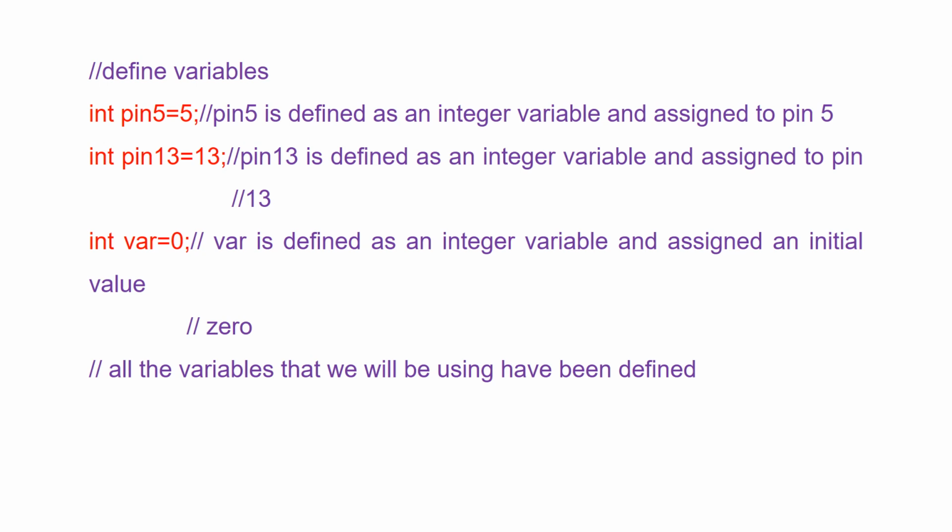Int pin13 equal to 13. Pin13 is defined as an integer variable and assigned to pin number 13. Int var equal to 0. Var is defined as an integer variable and assigned an initial value of 0. All the variables which we will be using in the program have been defined.